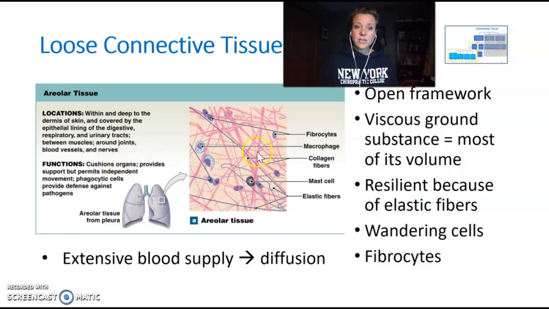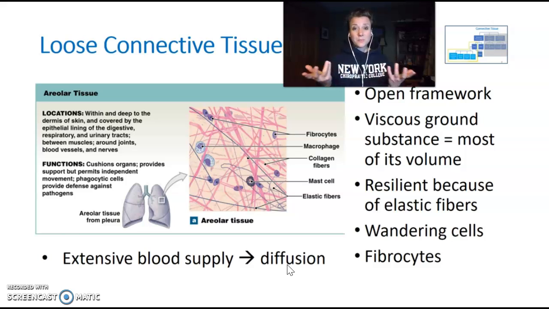And then as you can see here in this sketch of a micrograph, it's not only elastic fibers that it has, but it's also got collagen fibers too. And again, those protein fibers are synthesized and secreted by the fibrocytes that are found there. Areolar tissue has an extensive blood supply, which means that it is going to allow for nutrients and oxygen to diffuse out of the blood vessels that are found here.